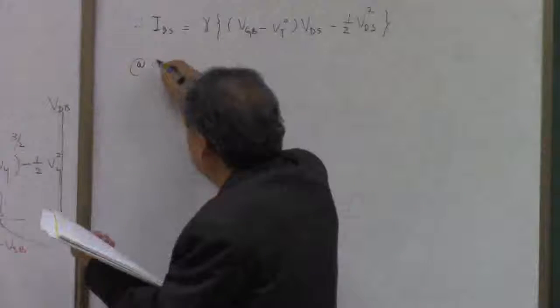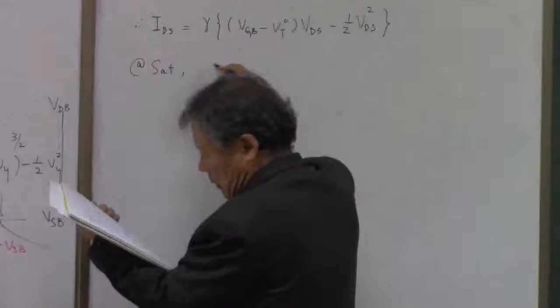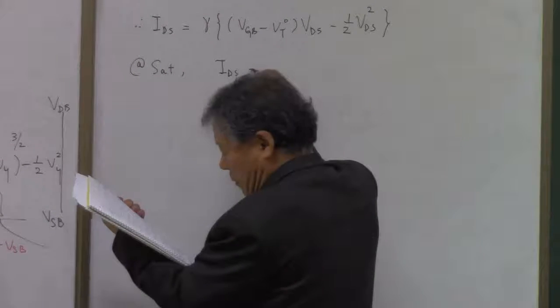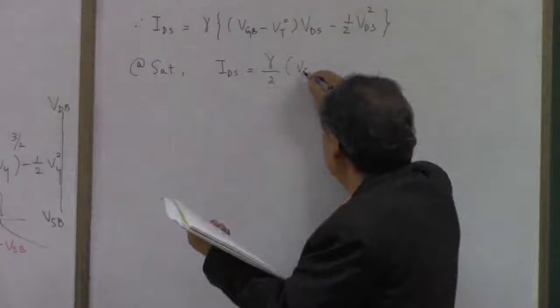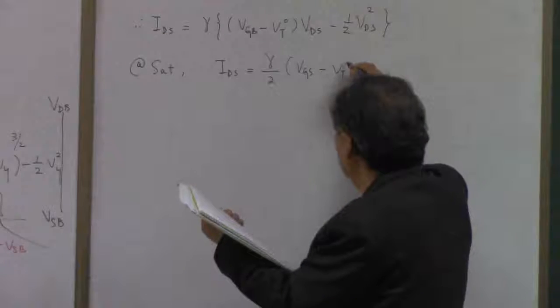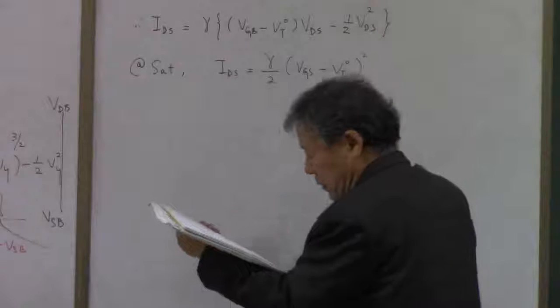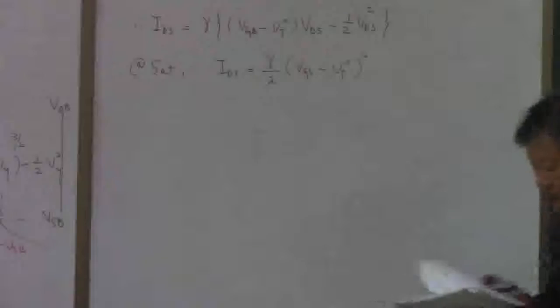And at saturation, IDS is gamma over 2 times VGS minus VT squared, right? That's what we have discussed about the normal case.